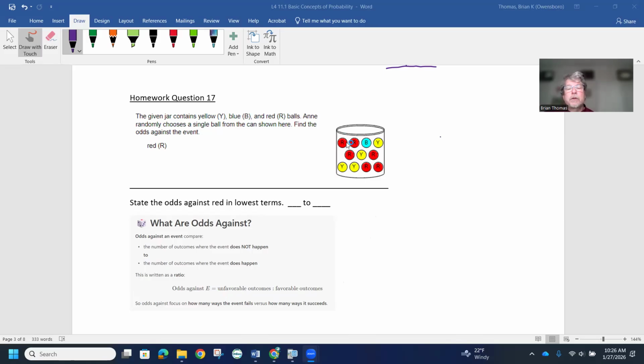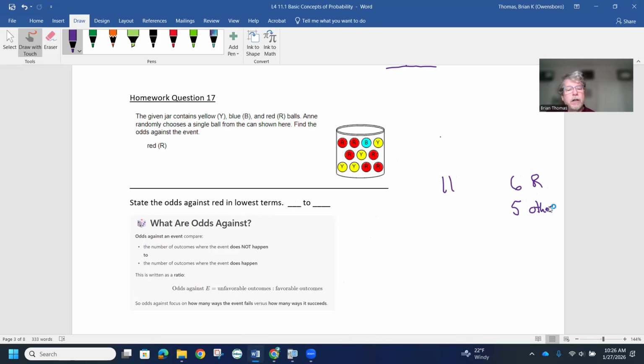So if we look here, there's 1, 2, 3, 4, 5, 6, 7, 8, 9, 10, 11. So there's 11 outcomes altogether. What we kind of pick up on, out of the 11, there's 1, 2, 3, there's 6 red, which means there's got to be 5 that are other.